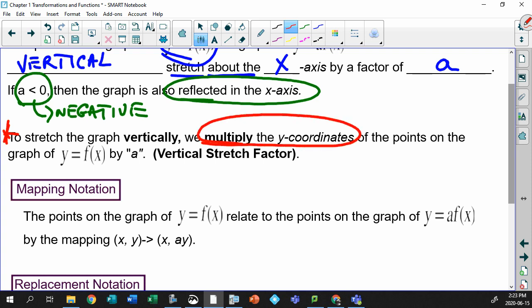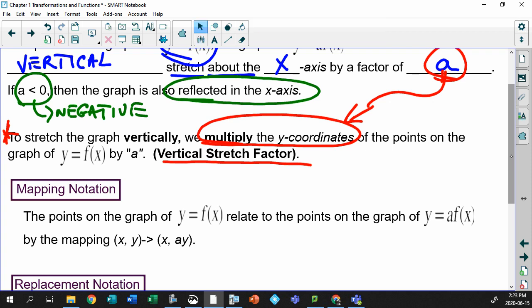Remember how those invariant points didn't change? Because why? Because they were zeros. None of the x's changed either. Only the y-coordinates were affected by this a value. Okay, that's why we call it a vertical stretch factor.